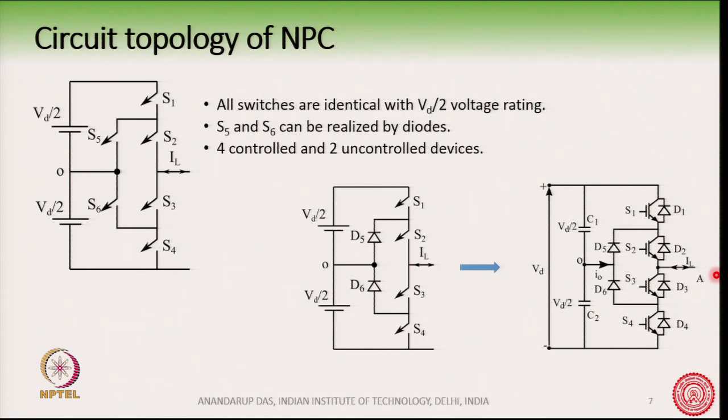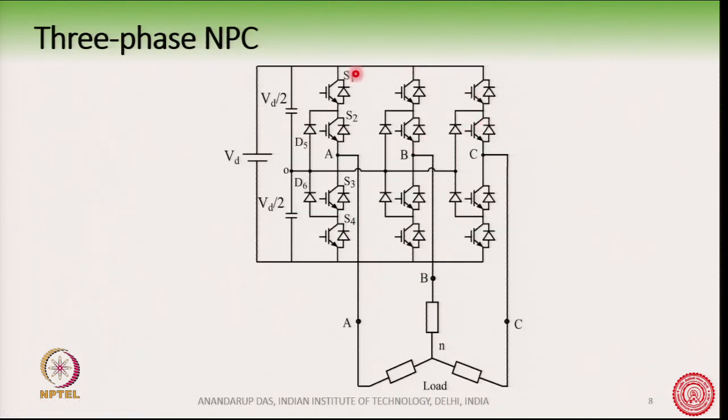So, what we have done is we have tried to derive the topology of this 3 level neutral point clamp converter, how it came up from the concept of a conventional 2 level voltage source converter. So, this is one phase of the converter, and we also have the 3 phase 3 level NPC shown here.